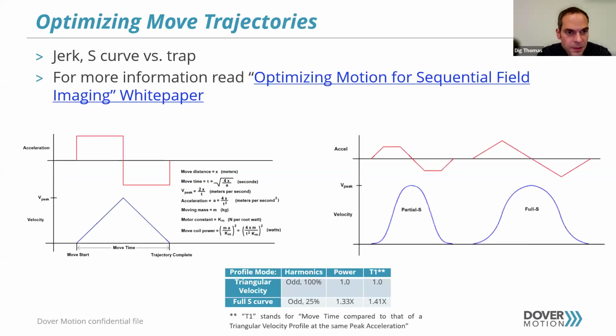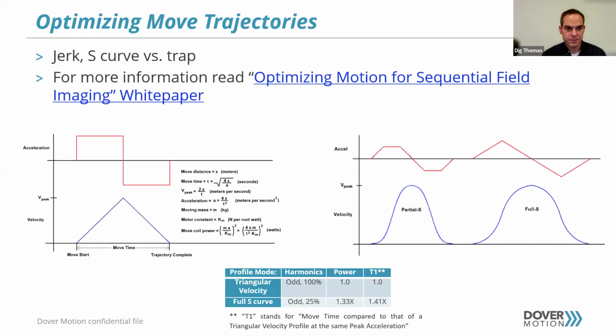So here as well, one of the great options for the trajectory on the MC58113 is to be able to switch between trapezoidal moves, where it's sort of a square wave for acceleration, and then a more natural and realistic S-curve, where acceleration actually ramps up and jerk is more of the impulse.